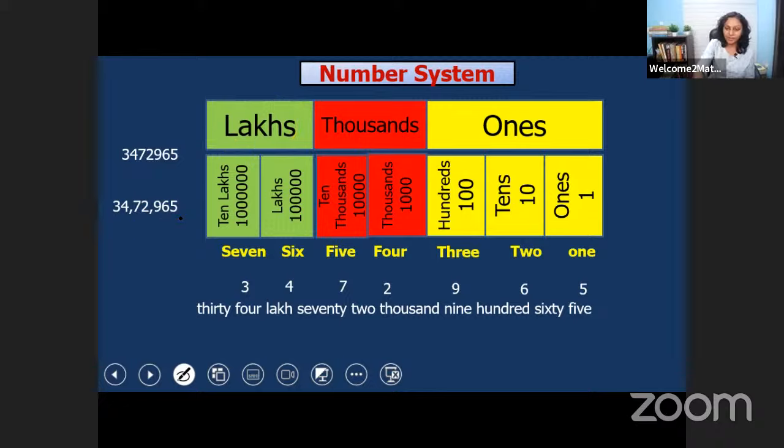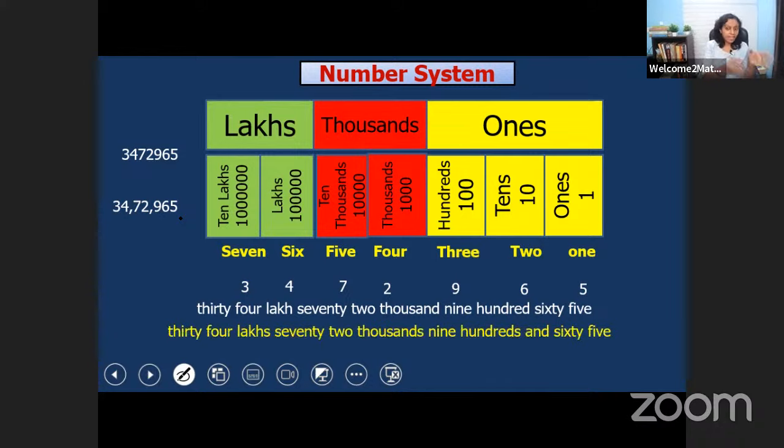So it is 34 lakh 72,965. Got it? Now I want to tell you, sometimes children make a mistake. They write the number name in this way: 34 lakhs 72,000 and 965. And this is wrong. Why? Because we never put plural after the period.